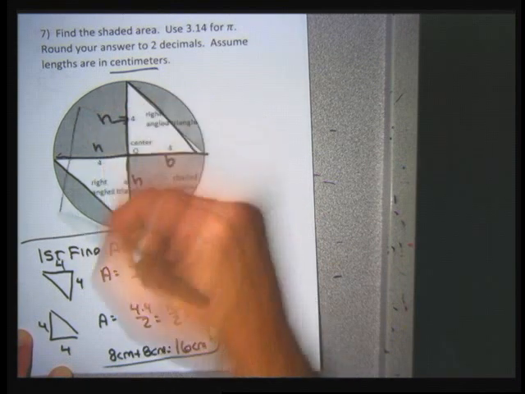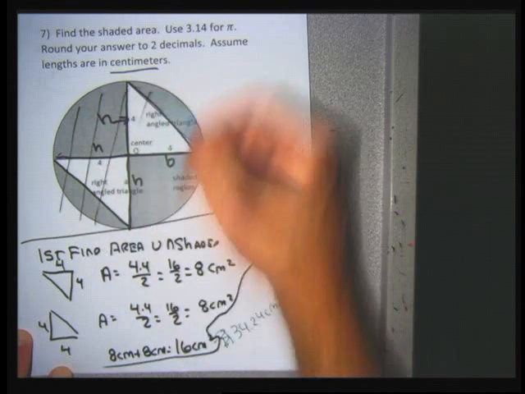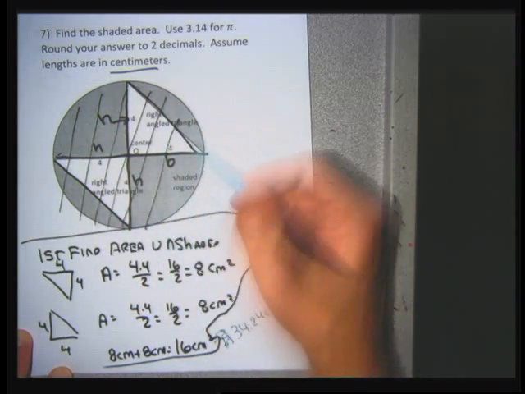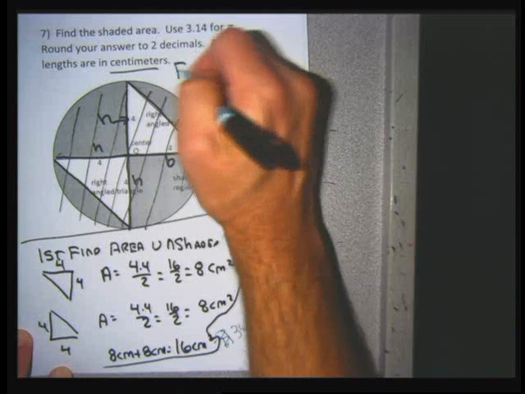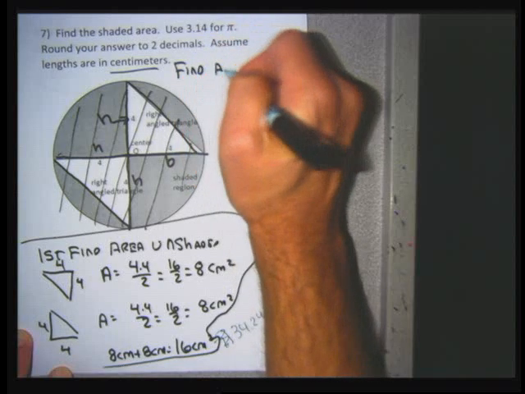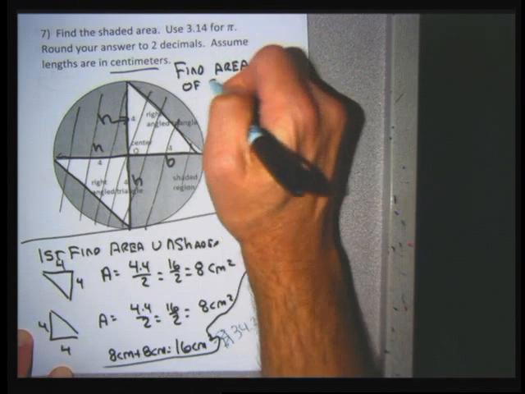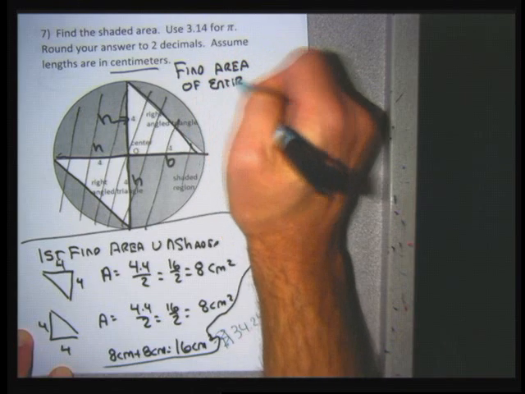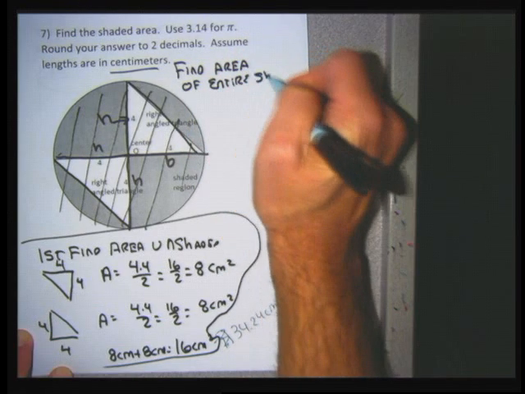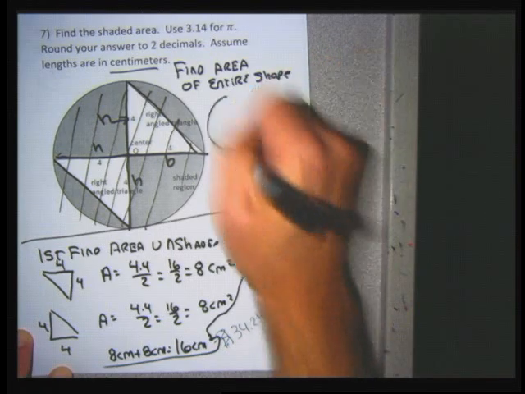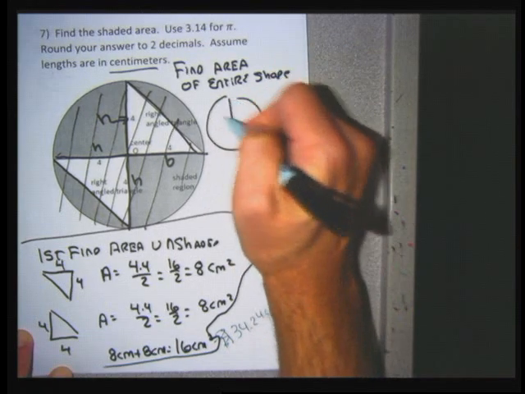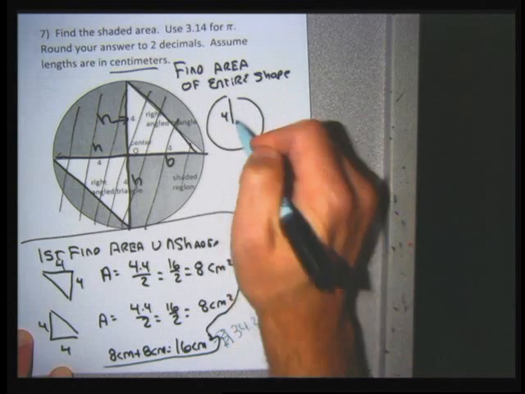Now I pretend this whole thing was all shaded in. So now I'm going to find the area of the entire shape. And that's just a big old circle with a radius of 4.